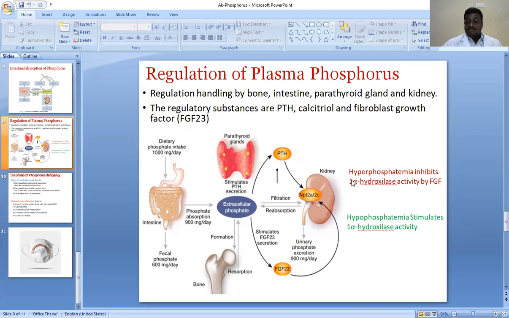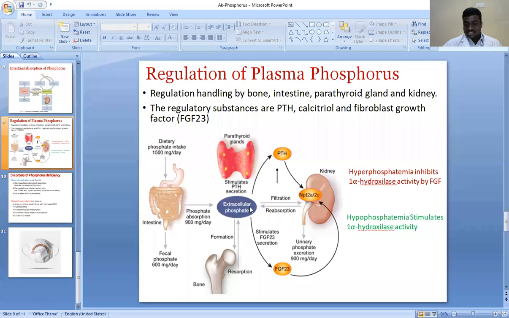Next, hyperphosphatemia. Next one is hypophosphatemia. Whenever phosphate concentration in the blood is reduced, this activates the 1 alpha hydroxylase. Whenever phosphate concentration is reduced, that condition is called hypophosphatemia.